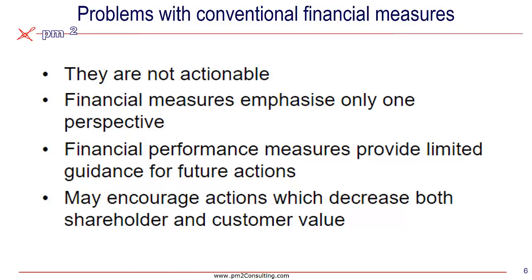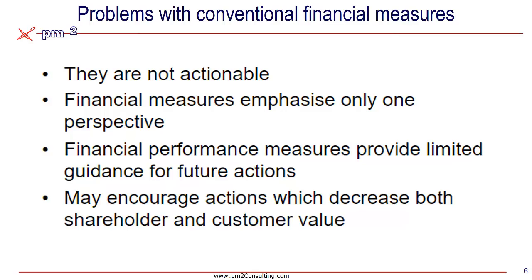The problem with our traditional financial measures is that they're not actionable. They emphasize one perspective. They provide limited guidance towards future actions. And they may encourage actions which decrease both shareholder value and customer value.